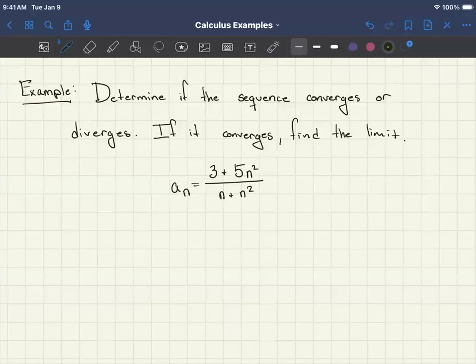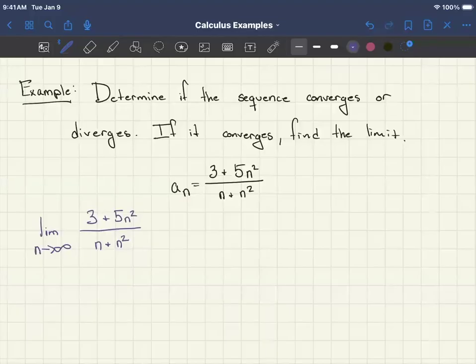So what we can do to figure out if our sequence converges is we can take our limit as n goes to infinity of 3 plus, we're going to put in the nth term of our sequence. Now, as a reminder, we're thinking of this now as a function rather than as a sequence to take our limit.